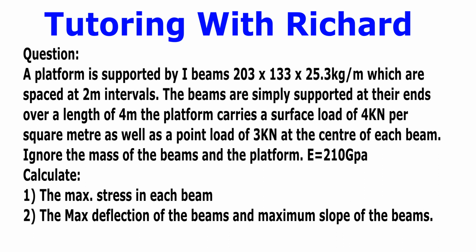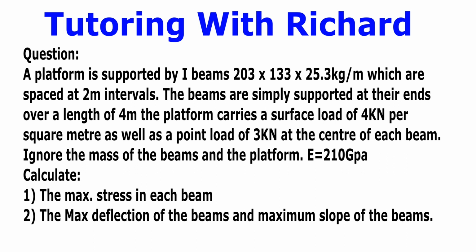Okay, let's read our question. Our question states, a platform is supported by I-beams, 203 by 133 by 25.3 kgs per meter, which is spaced at 2 meter intervals. The beams are simply supported at their ends over a length of 4 meters.